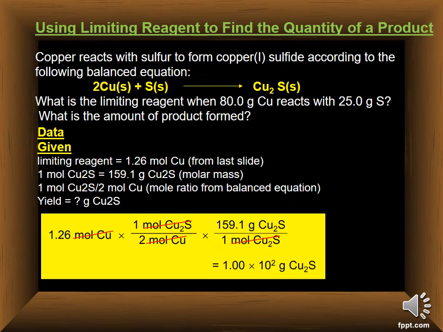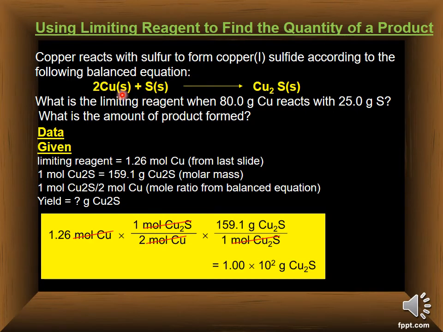Okay students, next question is, using the limiting reagent to find the quantity of the product. So how do we calculate the amount of product you need? It's the same question, but additionally, what is the amount of the product formed. Now you have to first calculate the limiting reagent, which one is limiting and its amount.